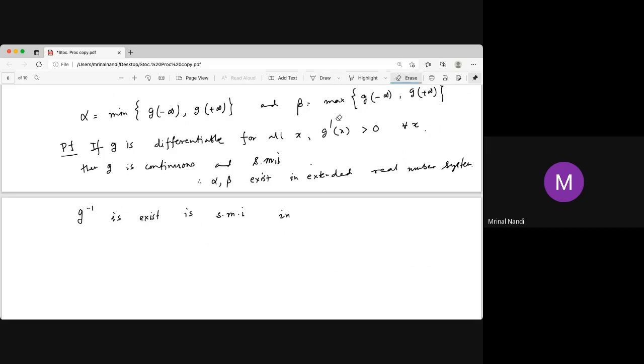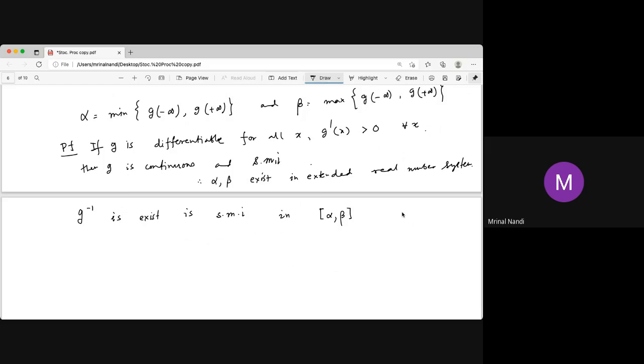So in that suitable range of alpha to beta, and if alpha is minus infinity and beta is infinity, then we just take the open interval. We can't take the closed one.